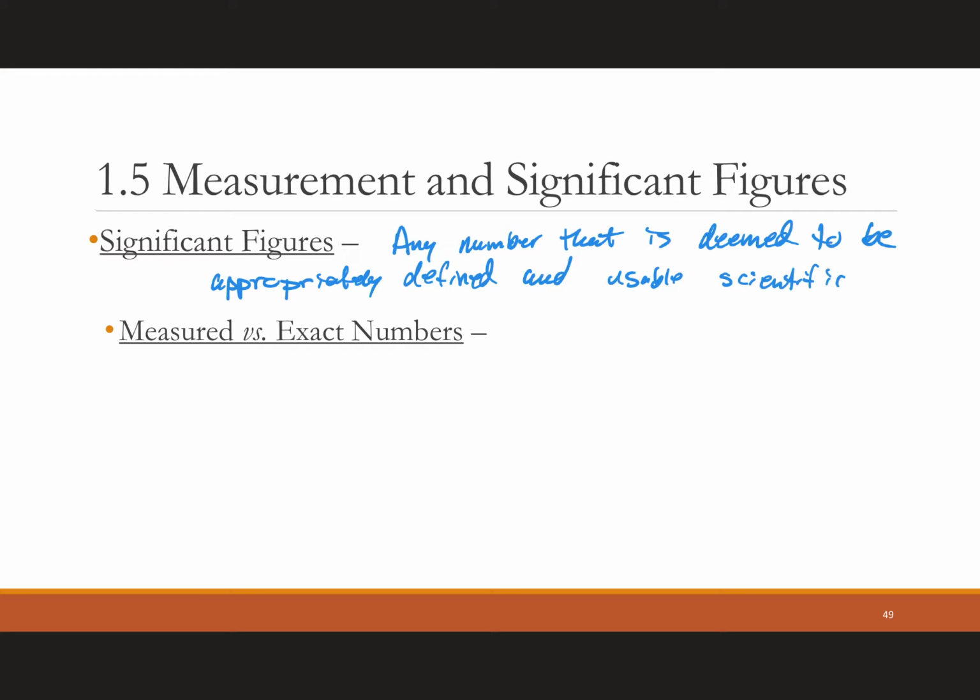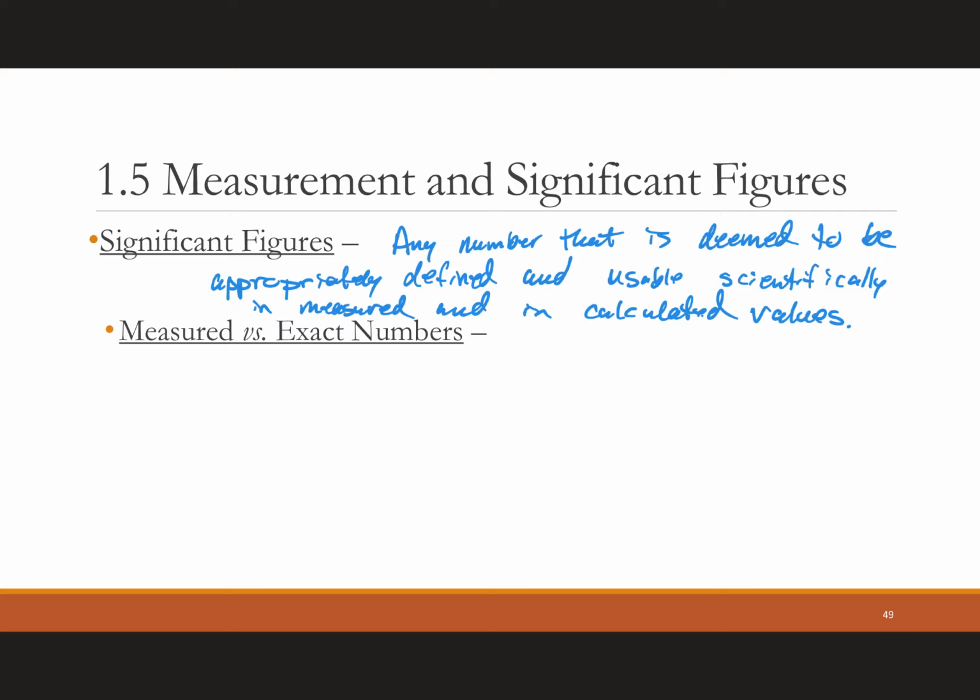And we're going to go over methods for determining how many significant figures are in a number, in measured and in calculated values.